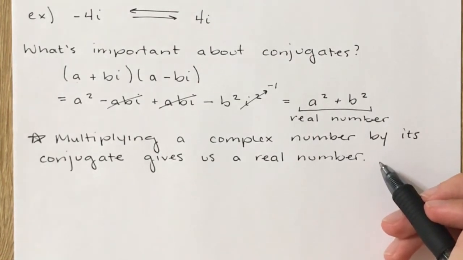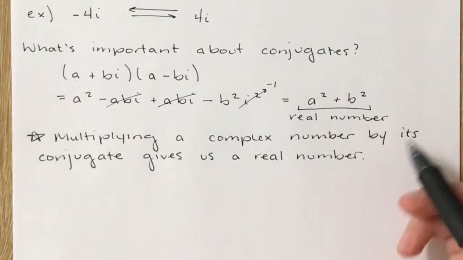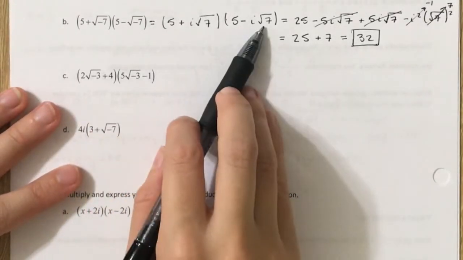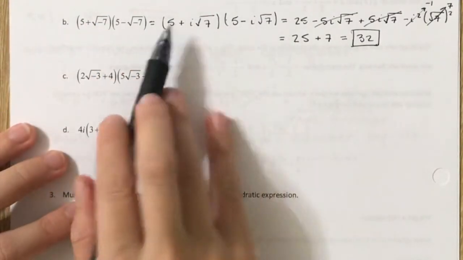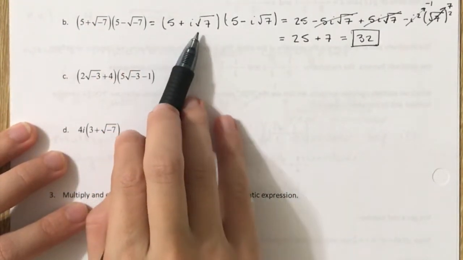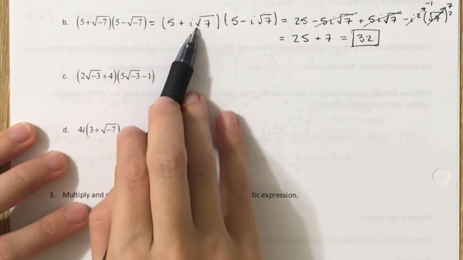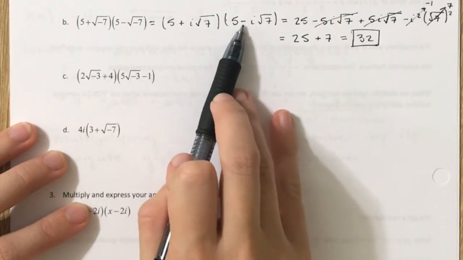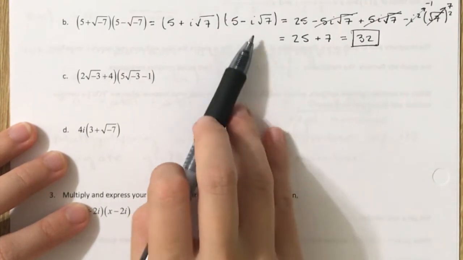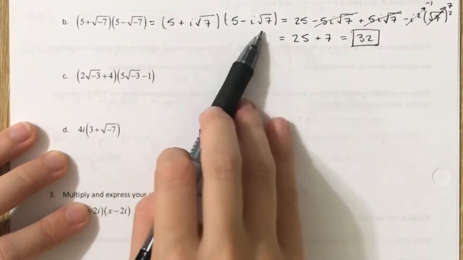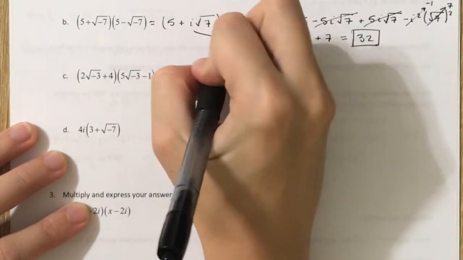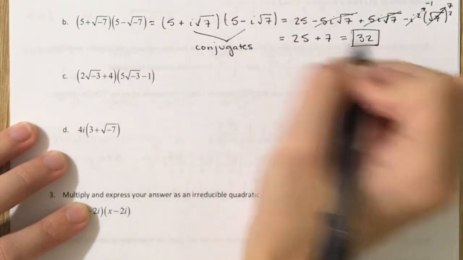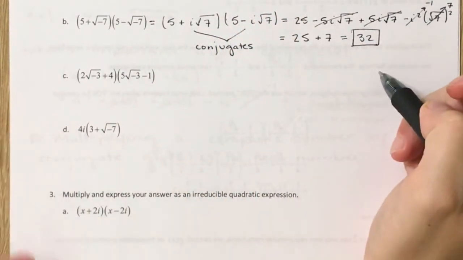We just saw this in the lab manual, right? When we pulled out the i's here, we have a real part of 5, an imaginary part of plus square root of 7, right, times i, and then real part of 5, and then minus square root of 7 times i. So these two numbers are conjugates, right? These are conjugates. And we got a real number.